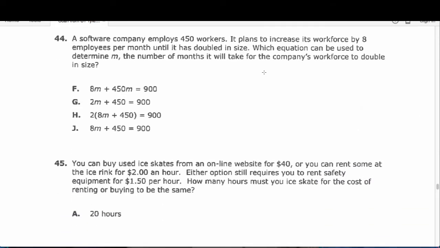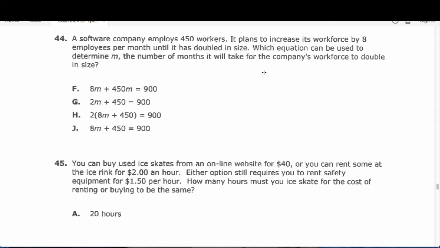Question 44. A software company employs 450 workers. It plans to increase its workforce by 8 employees per month until it has doubled in size. Which equation can be used to determine M, the number of months it will take for the company's workforce to double in size?